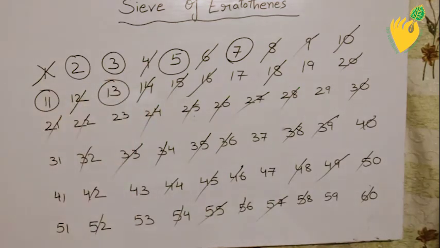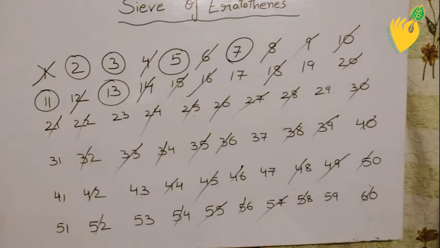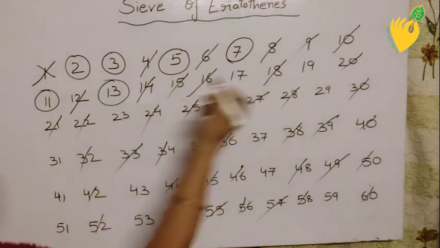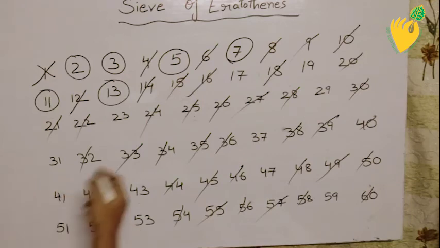Now, 13. Cross out the multiples of 13, students. So, 13 twos are 26, 39 is already cut out, 52 is already cut out. No other number is there.